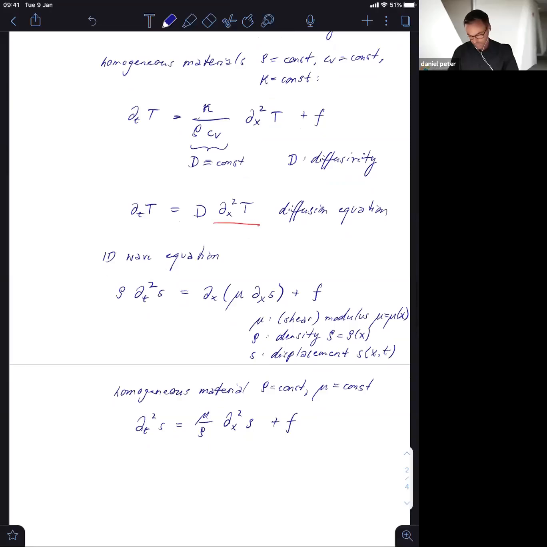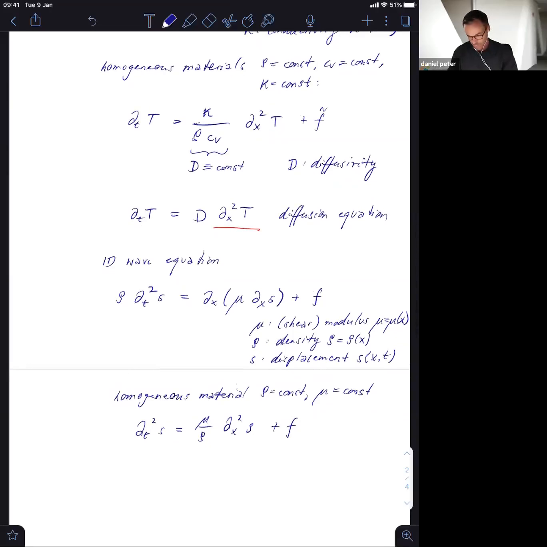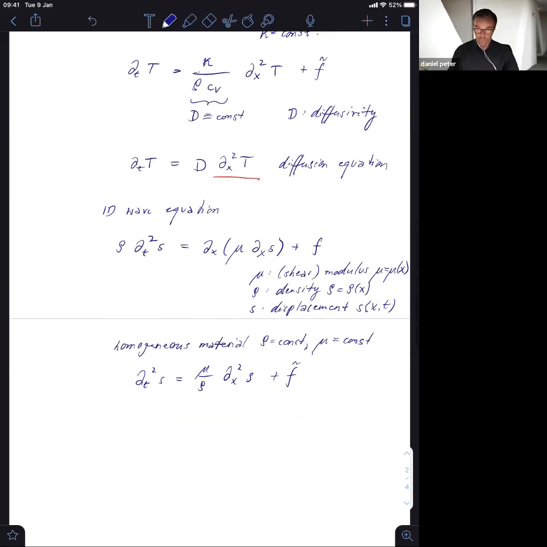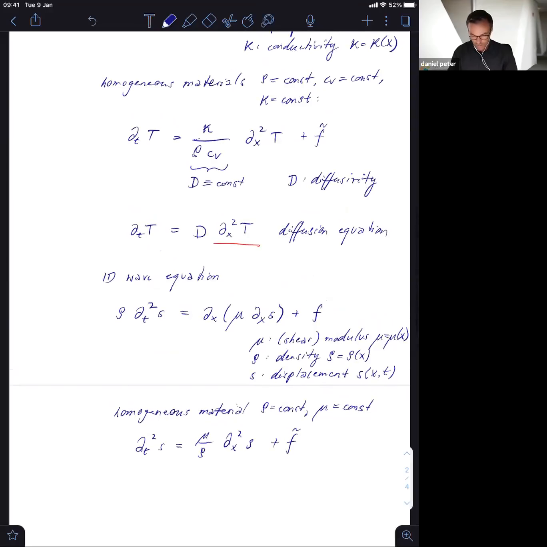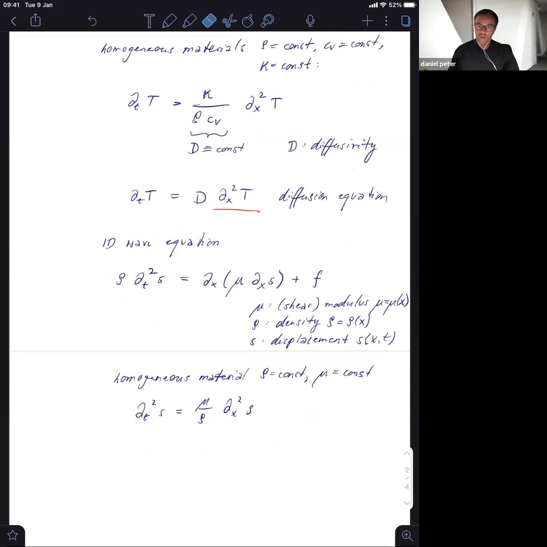Or in principle, it's a slightly different F because we would have this 1 over rho factor. So don't bother about that point at this stage. Or maybe just take it out. Let's just use it without the forcing term.